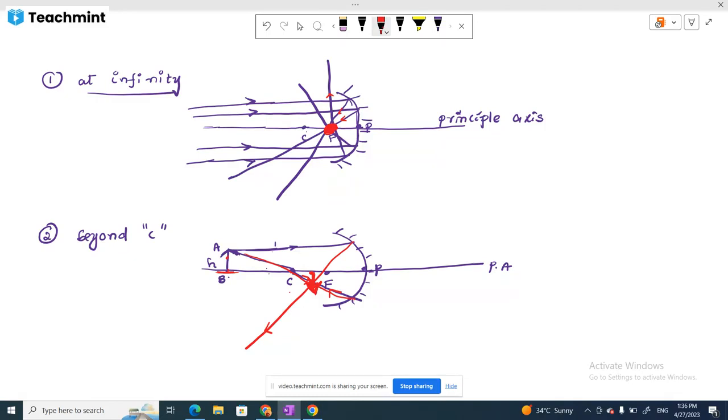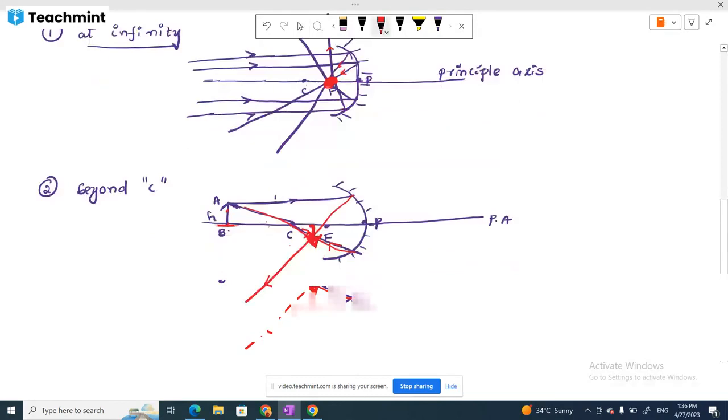So again I go back to the table. First I complete all the cases, then I go for the table. In this case, if you place the object beyond C, the image is located in between the center of curvature and focus.